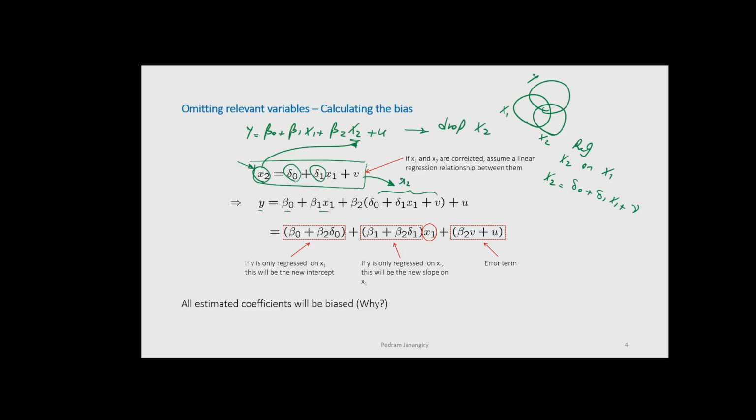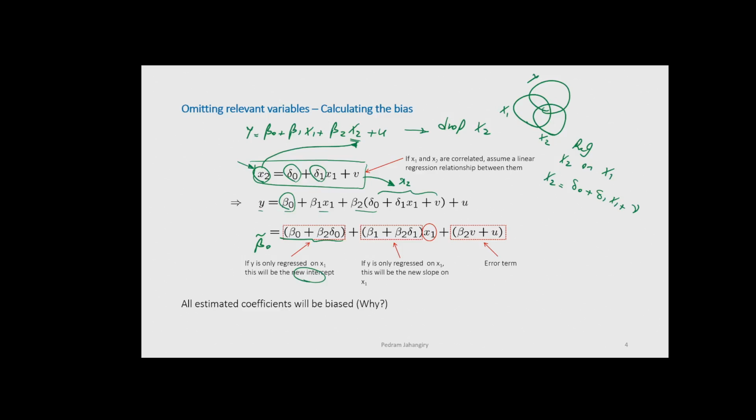Let's put all the constants on one side and the slopes on the other. Beta 0 is a constant, and beta 2 multiplied by delta 0 is also a constant, so I'm going to add them: beta 0 plus beta 2 delta 0. This is going to be my new intercept, or beta tilde 0.